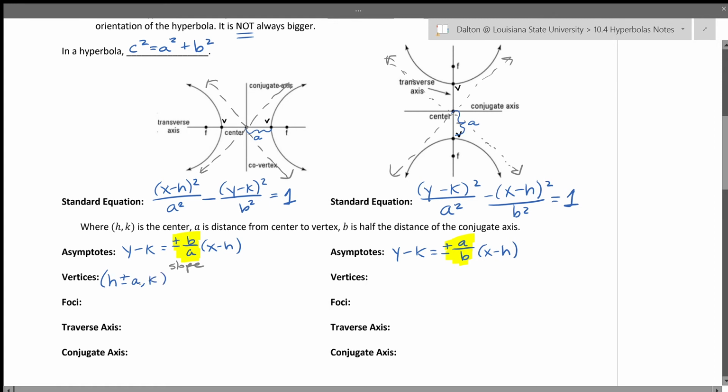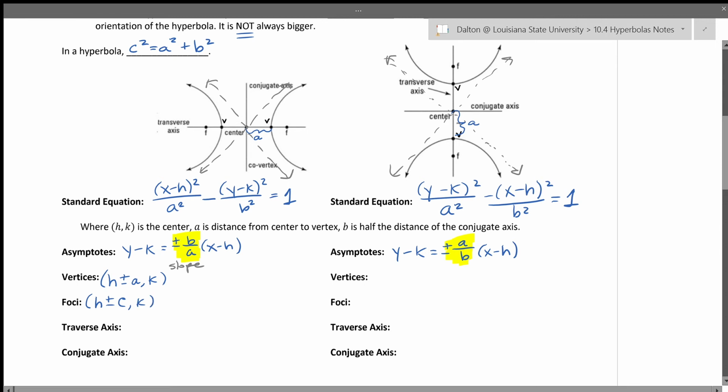And then for the foci, we're going to go even further in. So notice that the foci are always on the inside of the curve. So these two are the foci inside the curves. To get the foci coordinates, you do h plus or minus c, comma k.